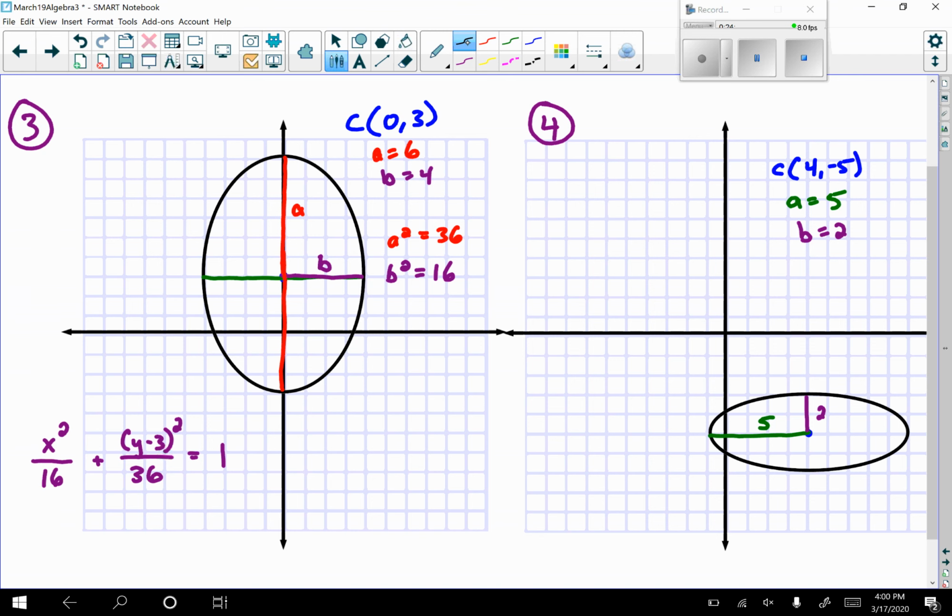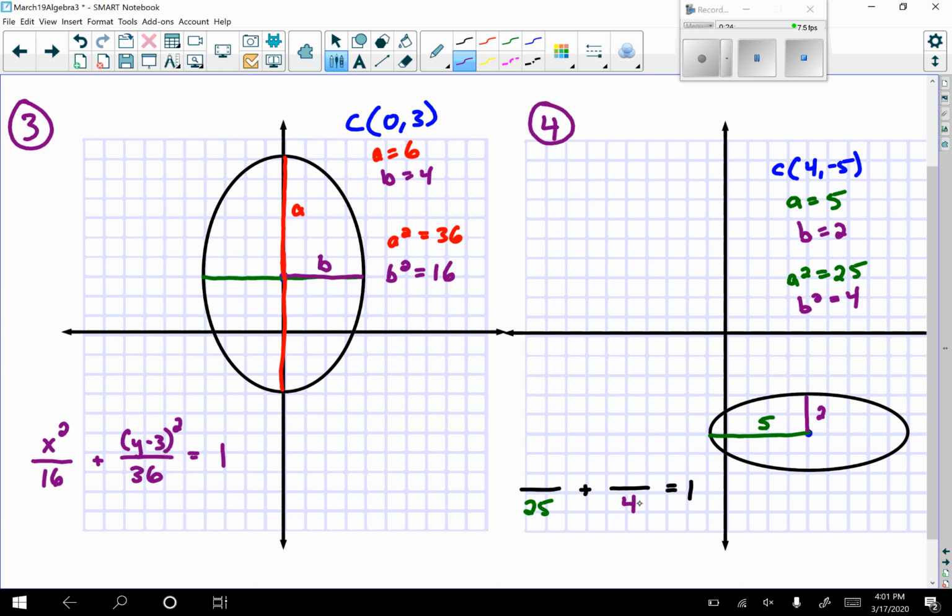Again, I'm going to write out just two fractions equaling 1. Because the major axis runs horizontally, that A squared will become 25. That's going to go first. And then B squared is 4. That's going to go second.